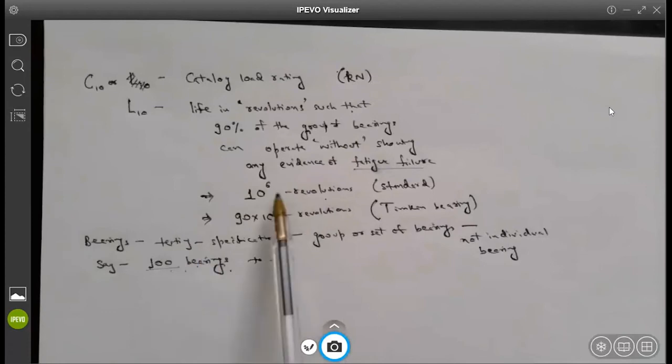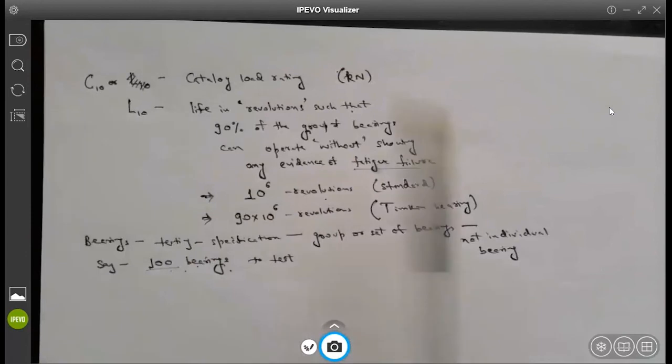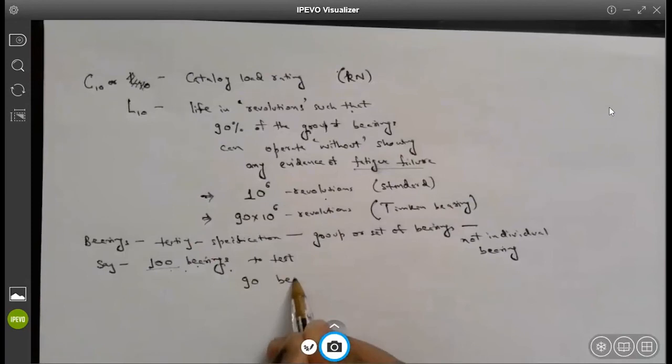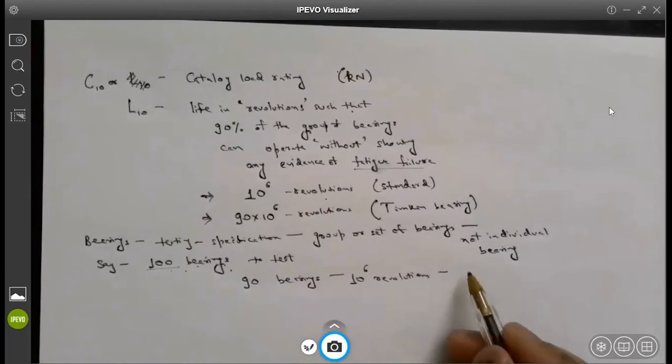L10 life is 10 raised to 6, 1 million revolutions, and out of these 100 bearings, if 90 bearings can withstand 1 million revolutions at a particular load, that is called C10. To explain it further, let's say 90 bearings achieve 10 raised to 6 revolutions for, let's say, 100 kilonewtons.